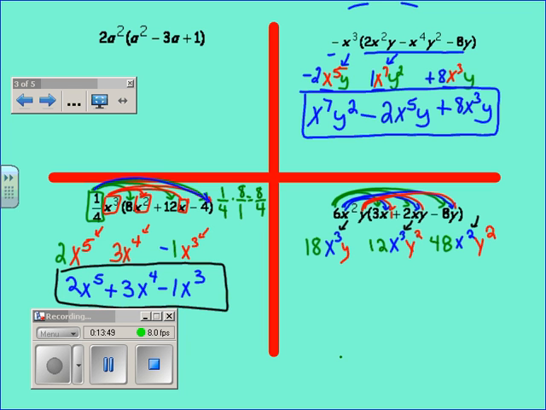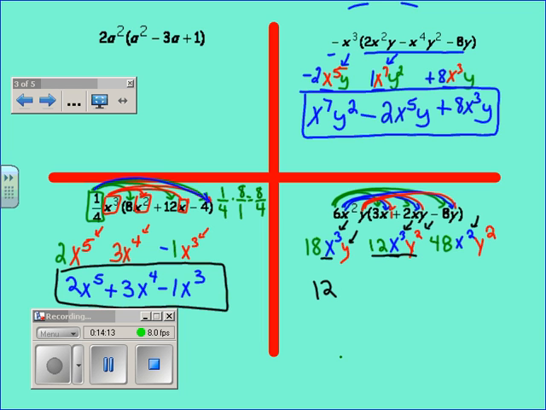If you have your leading variable and you have a match to that, in other words, x cubed and then x cubed, then you're going to go to your very next variable to see what number comes first. Here I only have y, so that would be like y to the 1st, but here I have y squared. So 12x cubed y squared will have to be my first term when I'm writing it in standard form.